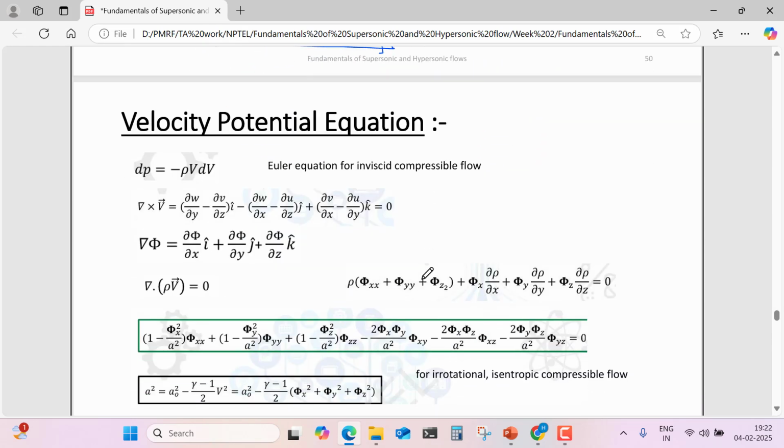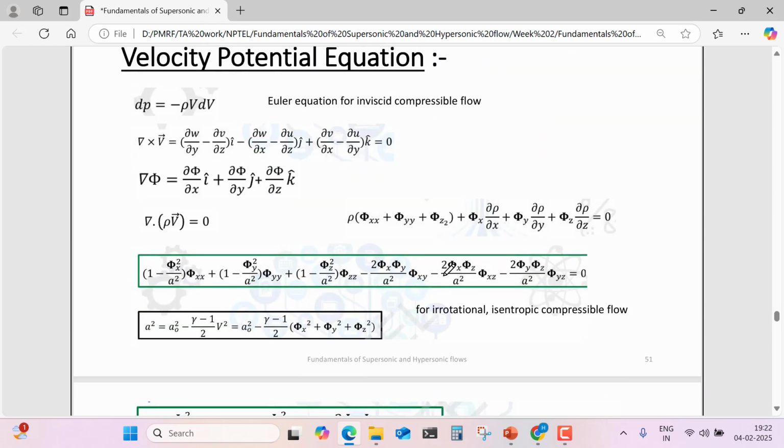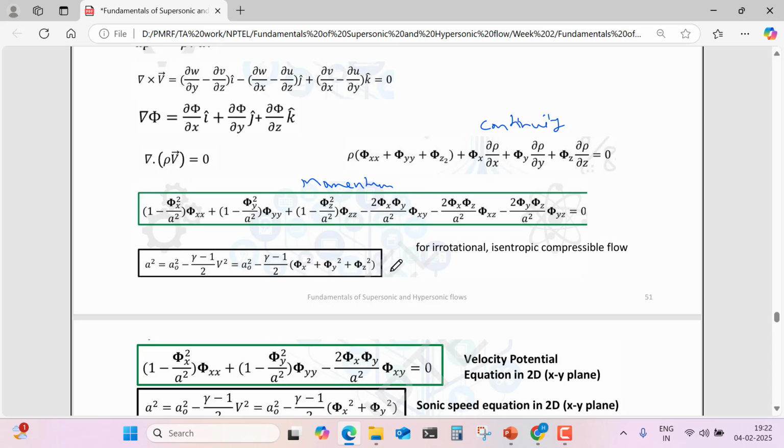We have seen this velocity potential equation before. This is for 3D. This is the continuity, this is the momentum, and this is the sonic speed equation. This equation is for irrotational isentropic compressible flow.